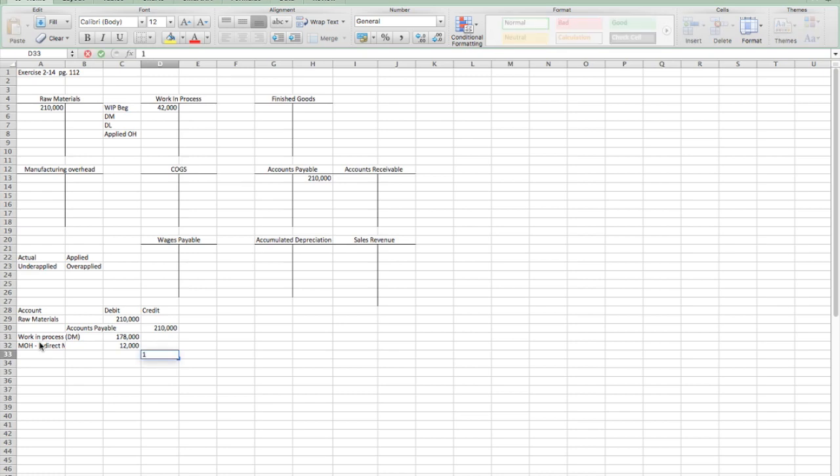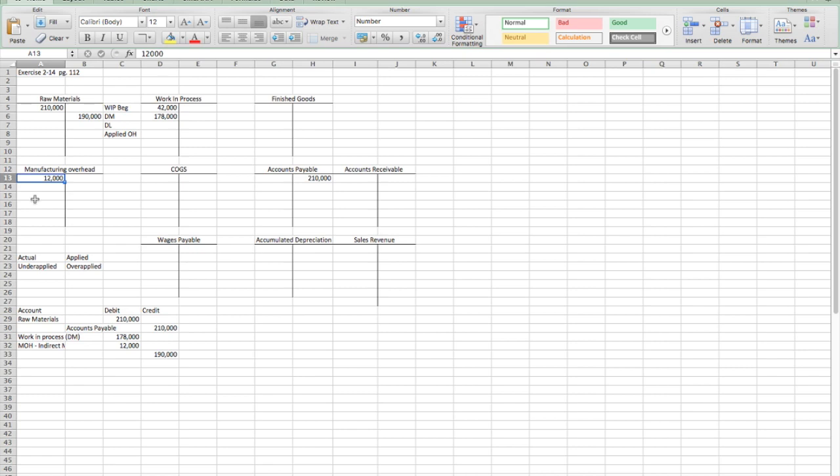And we will credit out the 190,000 from raw materials, because that's the amount that we're going to be using right now, and they'll be left over still in that raw materials T account. And then we'll debit the direct materials, 178,000, and debit the manufacturing overhead, 12,000. So as we see on this left side, it's the actual amounts that's happening from manufacturing overhead. So they actually issued these to production, and they actually incurred $12,000 of indirect materials. Okay, we're going to go on to C.